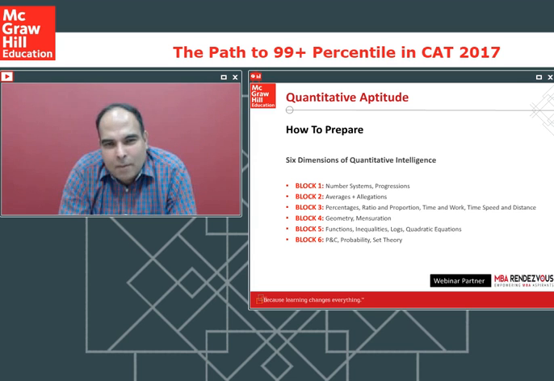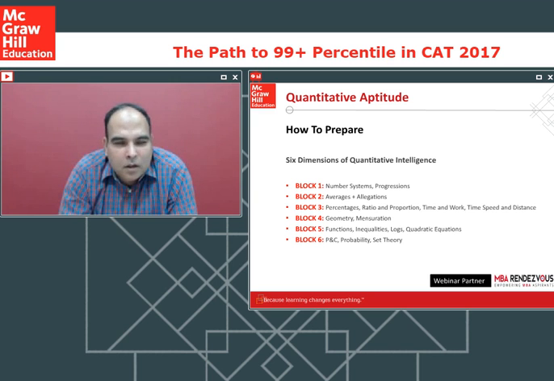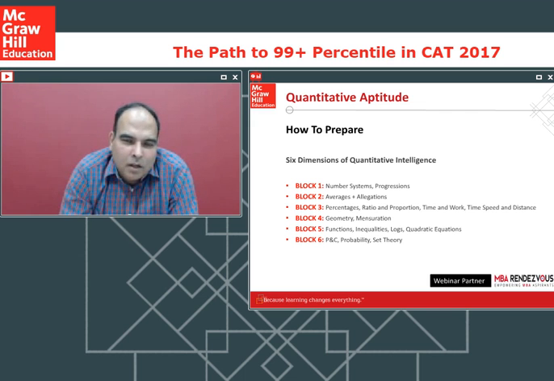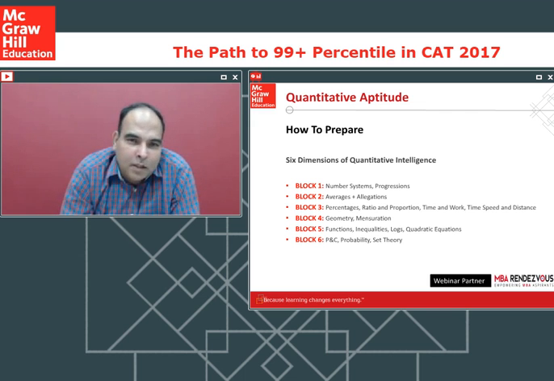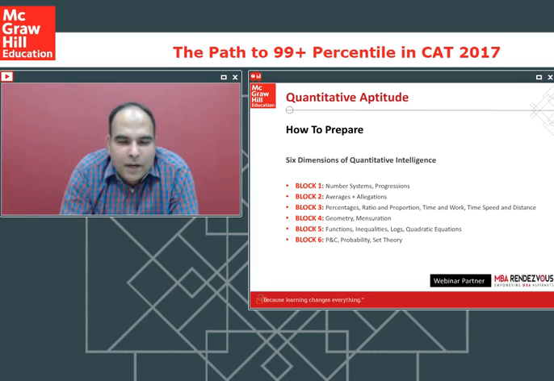So what happens in an exam like CAT is that, for example, in number systems, if you go into the exam after having solved 200 questions and the depth of the number systems chapter is around 800 questions, it's very, very easy for the examiner to surprise you by putting questions which you don't understand, or by putting situations which you will not understand.